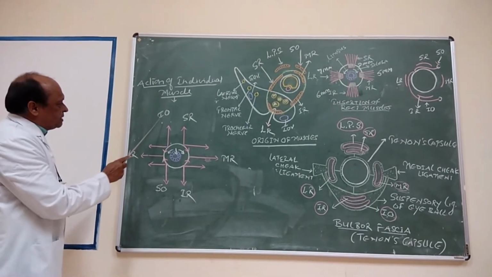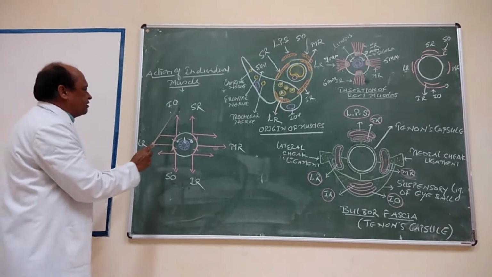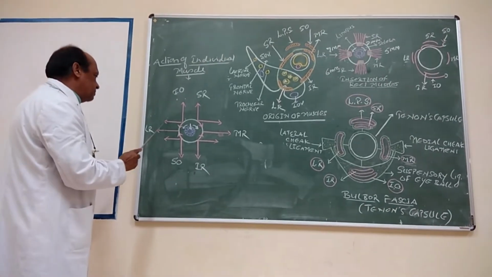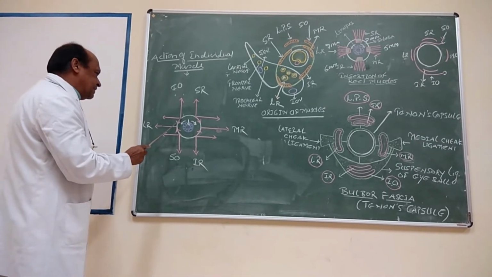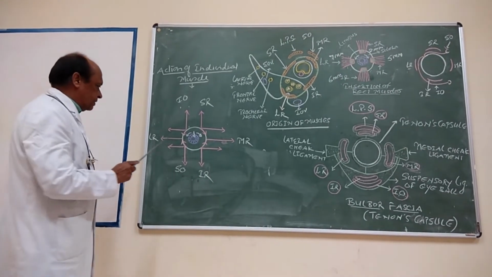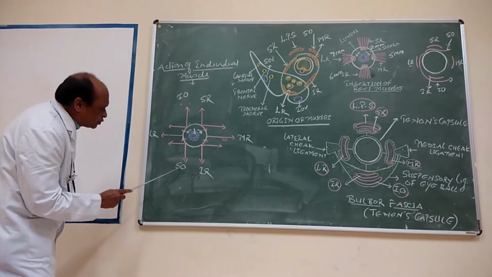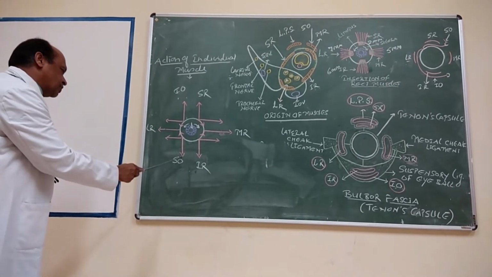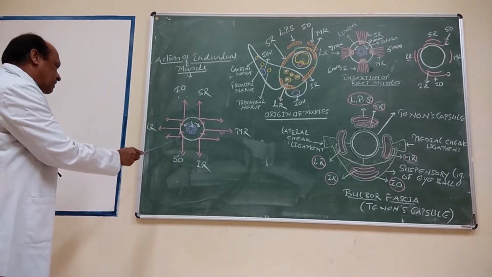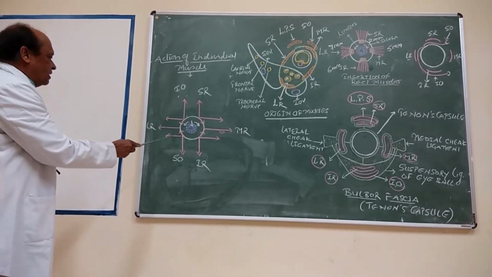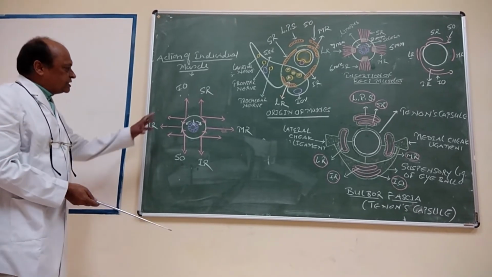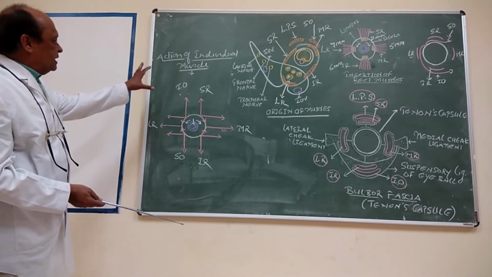The inferior oblique muscle is responsible for upward rotation of eyeball, lateral rotation of eyeball and out-turn movement. Same is in case of superior oblique. If you look at this, superior oblique brings downward rotation of eyeball, lateral rotation of eyeball and in-turn movement of eyeball. So these are the movements of individual muscles.